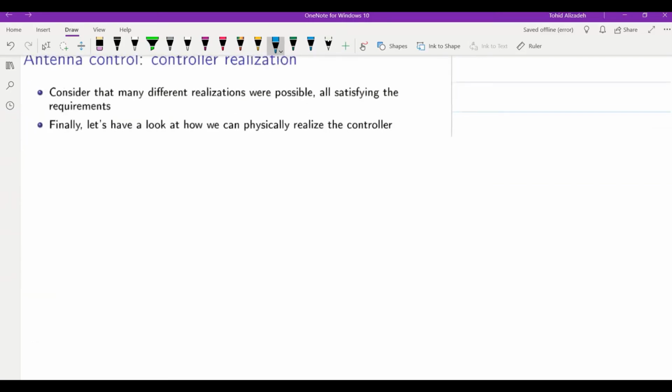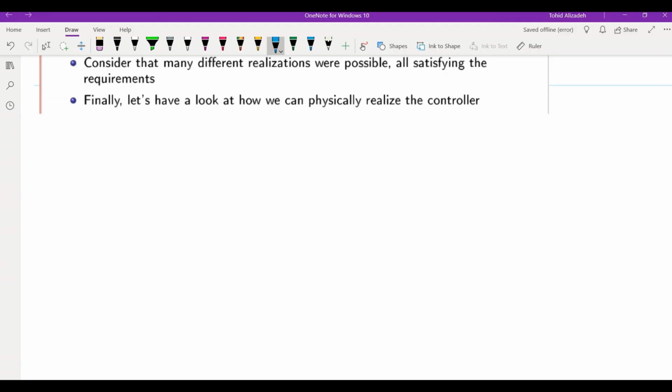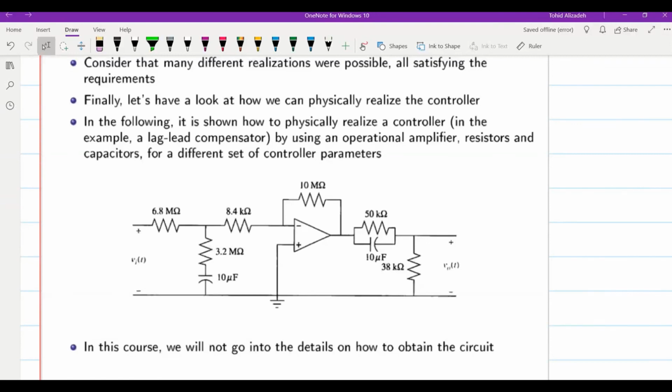Finally, over here, we will have a look at how we can physically realize the controller. As an example, here we have a lead lag compensator implemented using an operational amplifier or op-amp, a given number of resistors and capacitors.